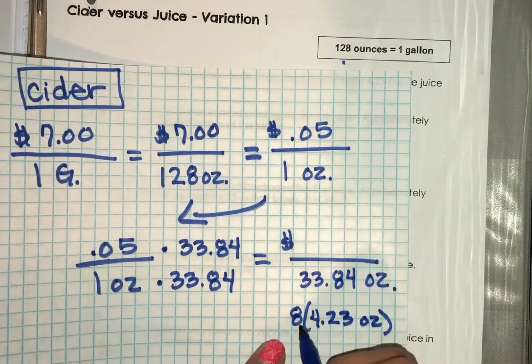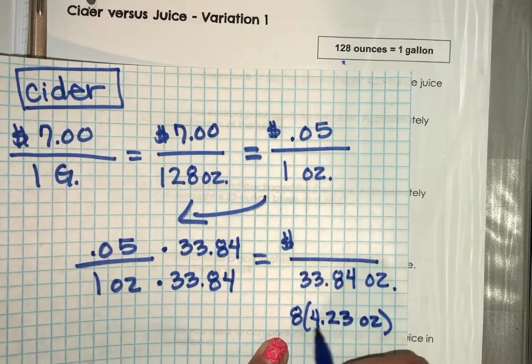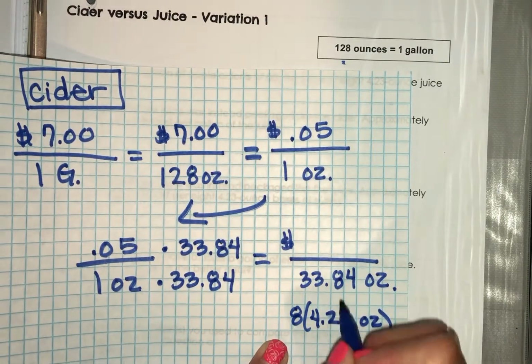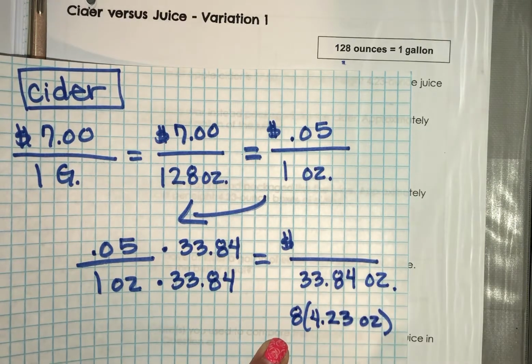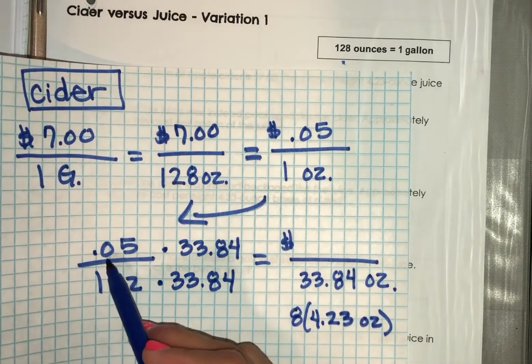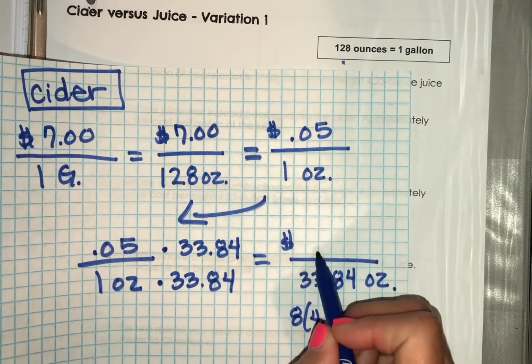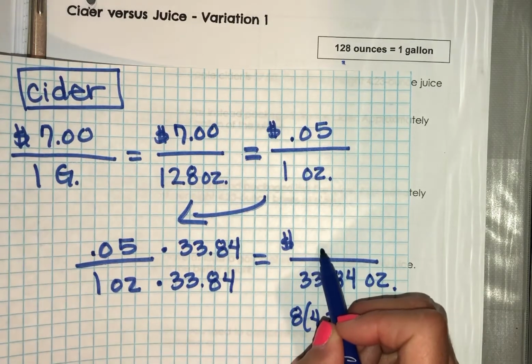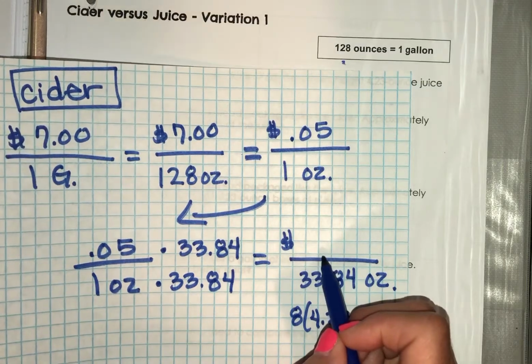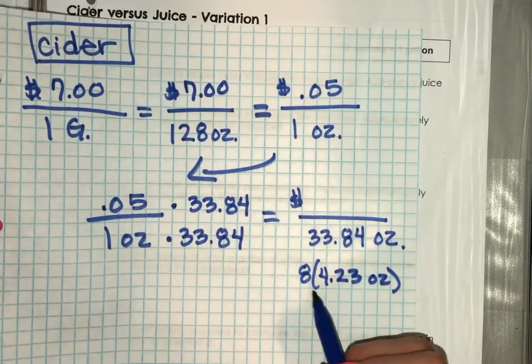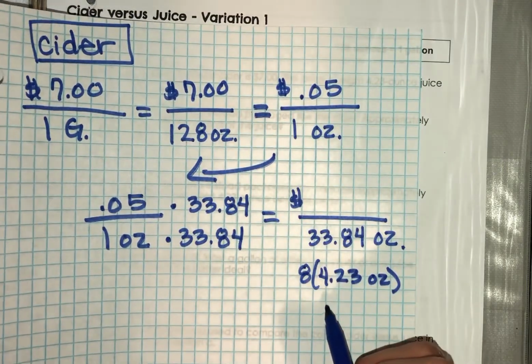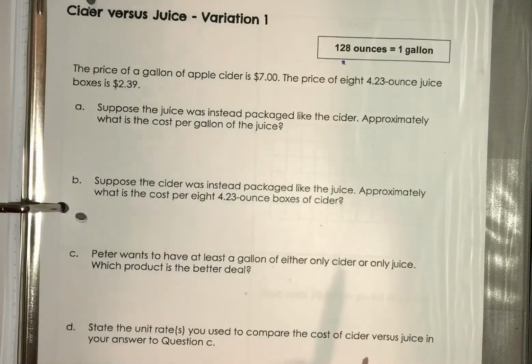These are the size of the juice boxes, and there's 8 of them, and 33.84 is the total ounces. So once you multiply your 5 cents by 33.84, it's going to give you your answer right here. That's going to be the price of your cider if it was packaged in these small juice boxes. Okay, so that's for B.